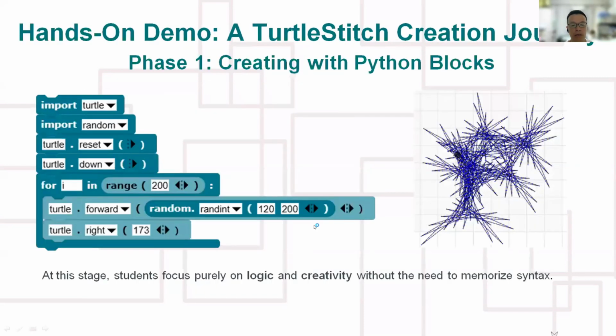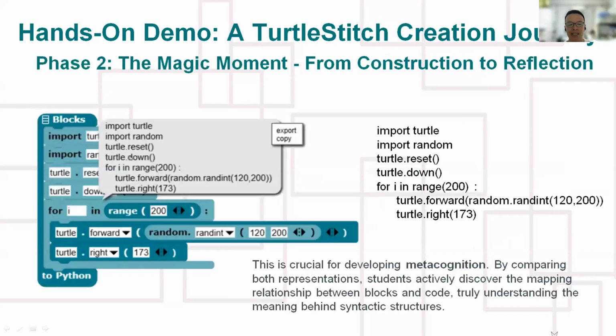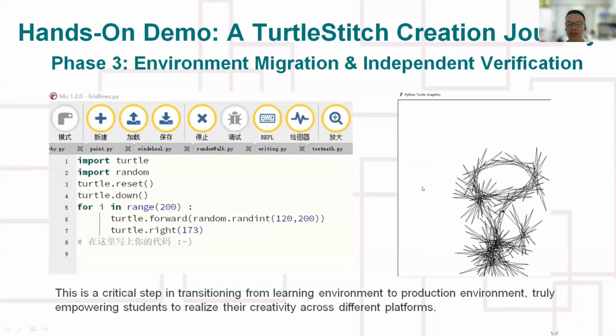And this is an example. We programmed in Python blocks, and we translate it into Python, and we put it in the MU editor, to let the students make a reflection and internalize the knowledge they just learned.